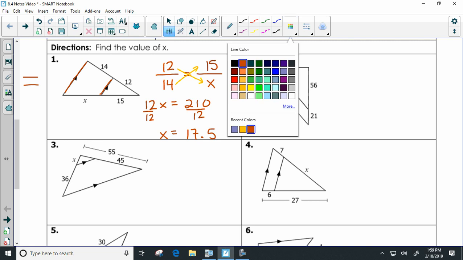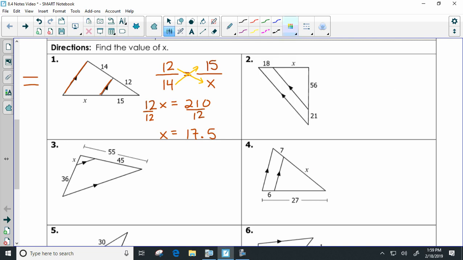Question number 2. Twist your page just a little bit. You'll notice your left top is x and left bottom is 18. Your right top is 56 and your right bottom is 21.